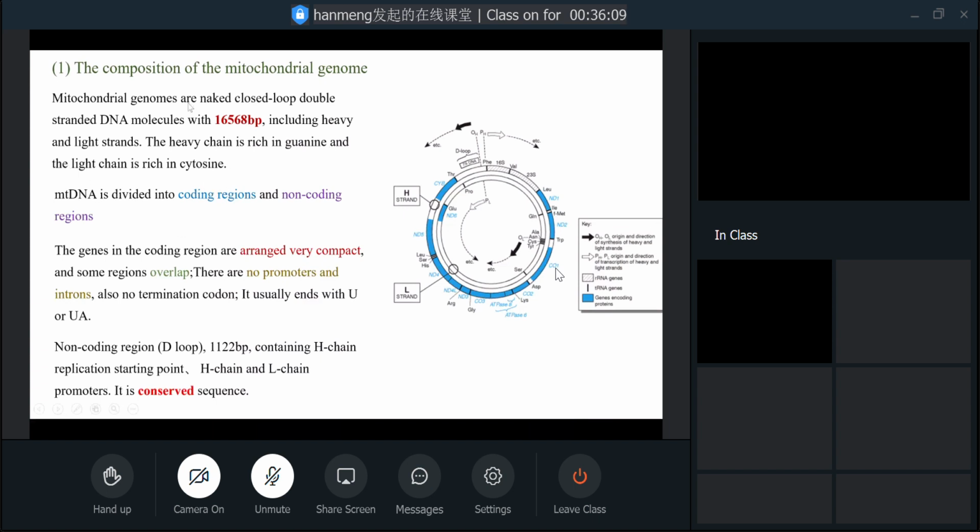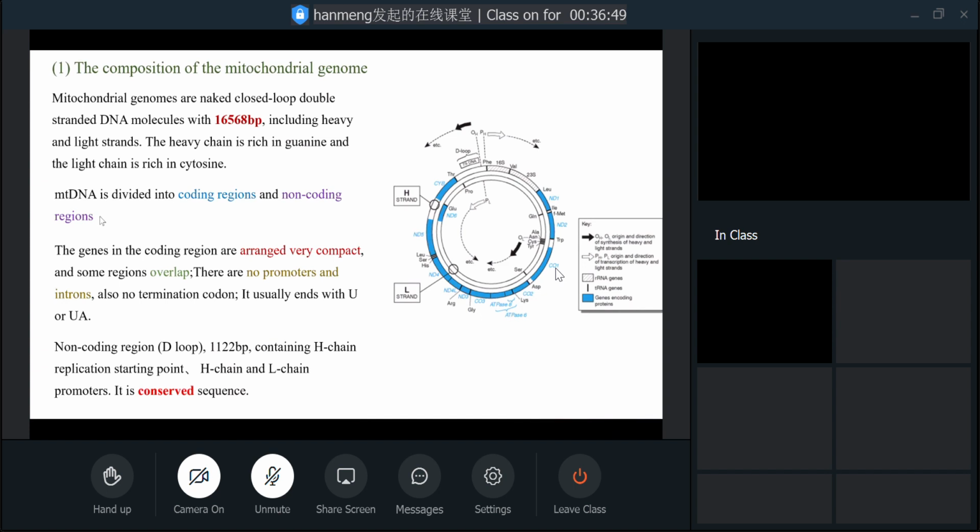And the mitochondrial DNA can be divided into coding regions and non-coding regions. You have learned about the nuclear DNA in humans. The nuclear DNA also has coding and non-coding regions. But the mitochondrial DNA differs from the nuclear DNA because there is no intron between the coding region and the non-coding region.